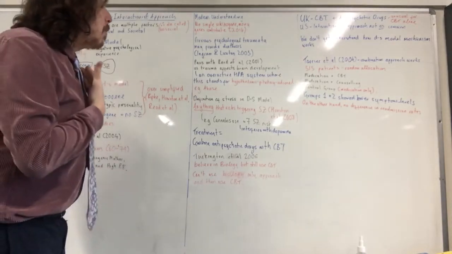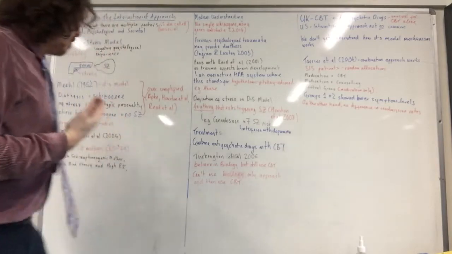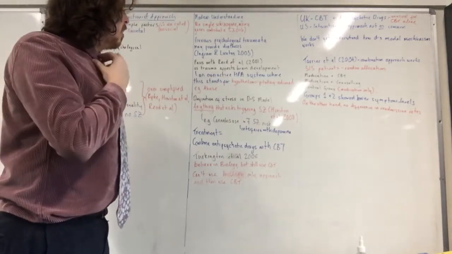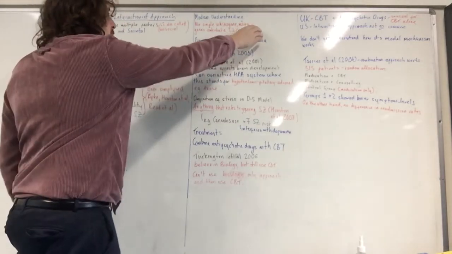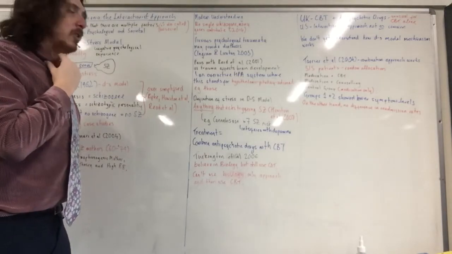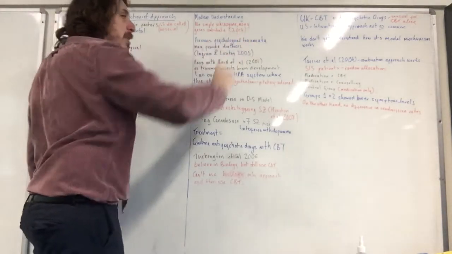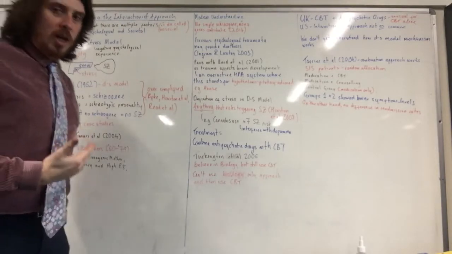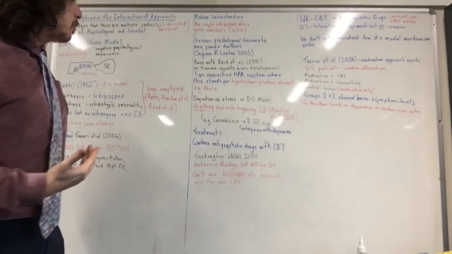In terms of our modern understanding and how we have moved on from 1962, we need to have a look at the idea that many genes contribute. And this is Ripke's study in 2014. The word Ripke is missing there, R-I-P-K-E. So it's multiple genes that contribute towards it.